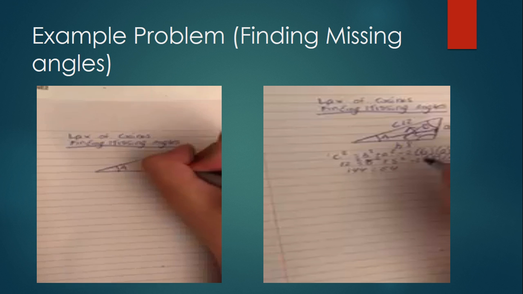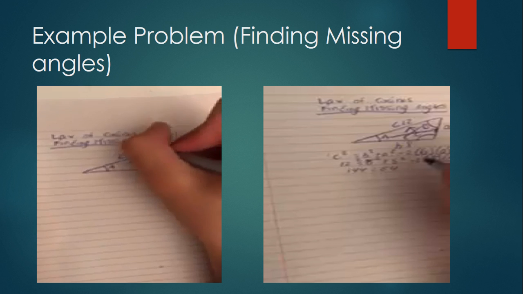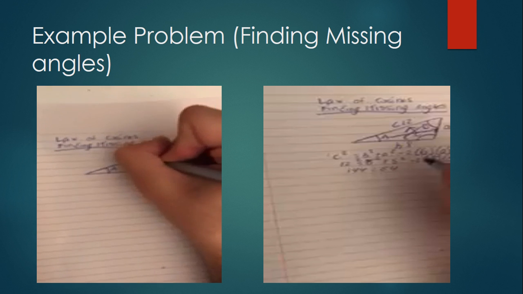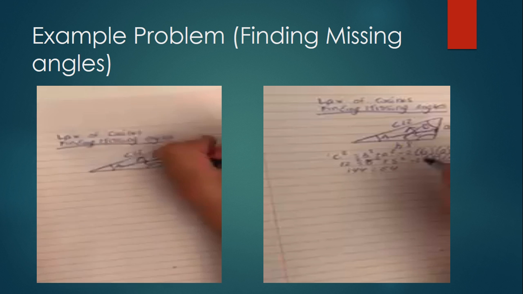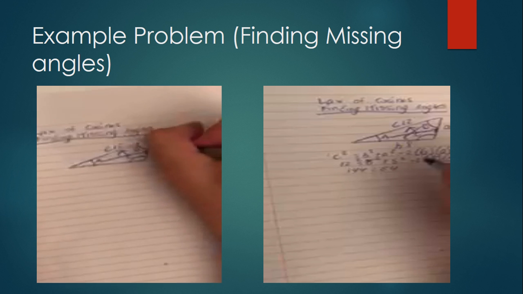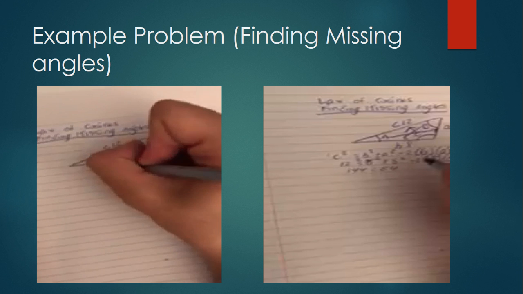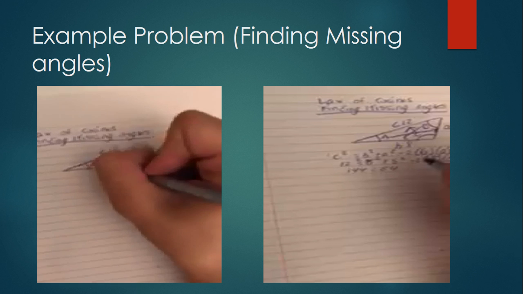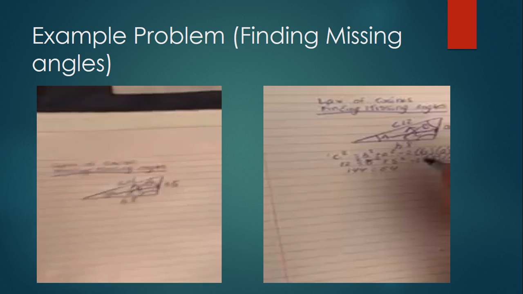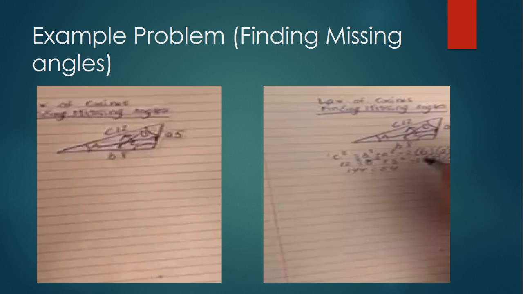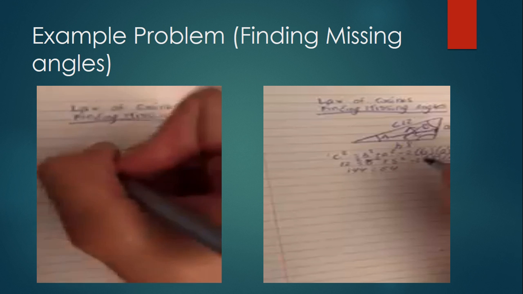Then you go with your corresponding side. This will be side C, and let's make that 12. This will be side A, and let's make that 5, and you'll have side B here, and let's make that 8. Then you do the same equation you would do for finding missing angles.